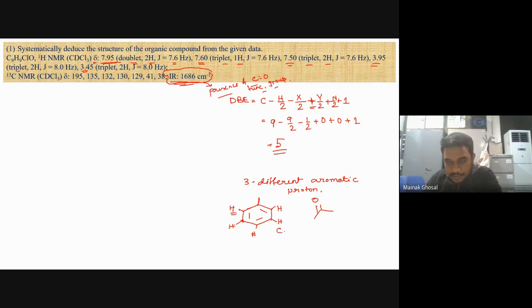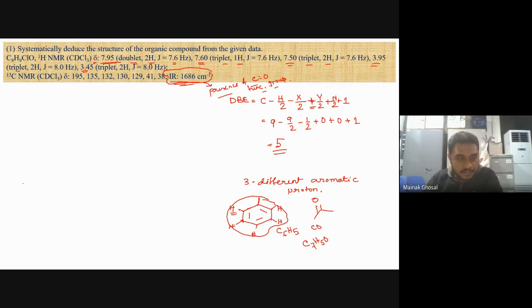So up to this benzene ring, the molecular formula will be C6H5. And this carbonyl will be just CO. Add up, you will get C7H5O. Now, what is the compound you are given?